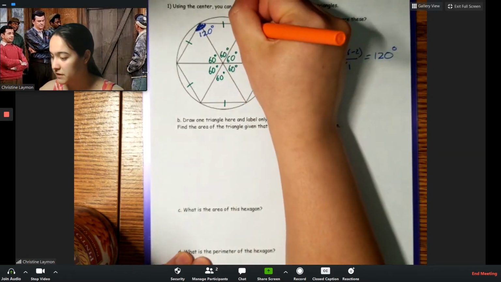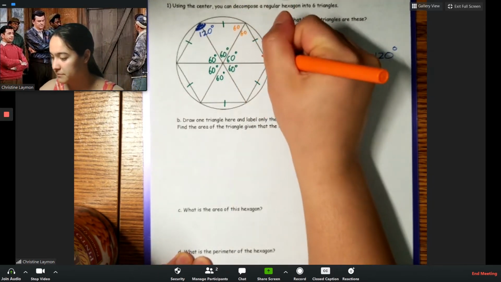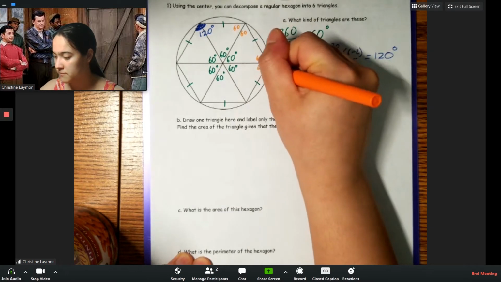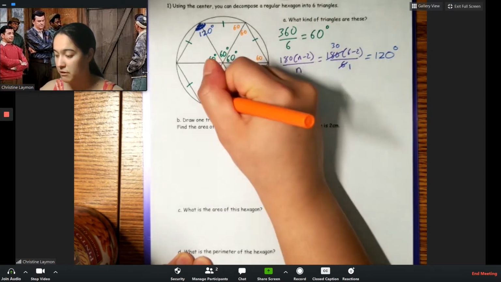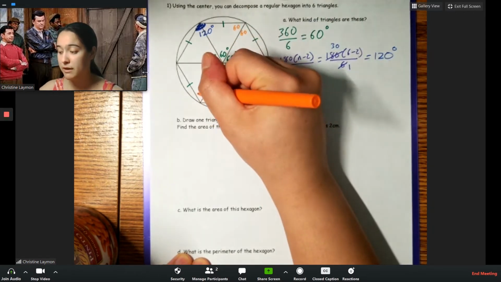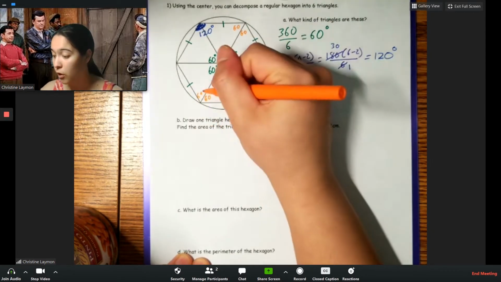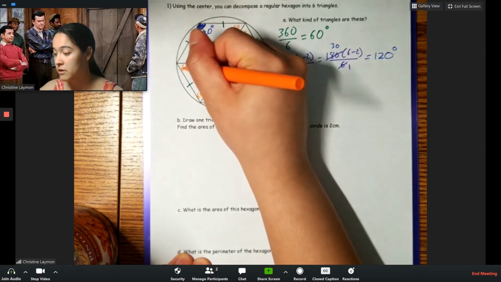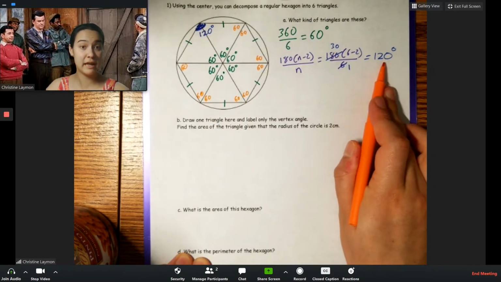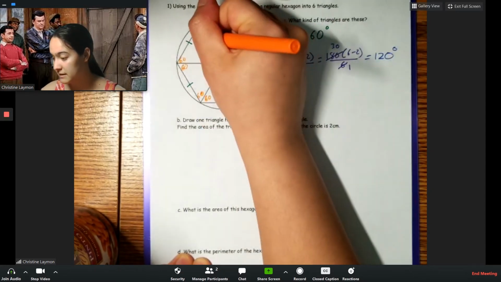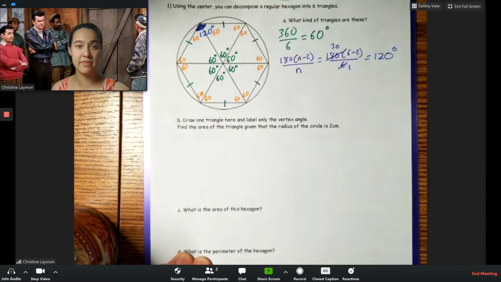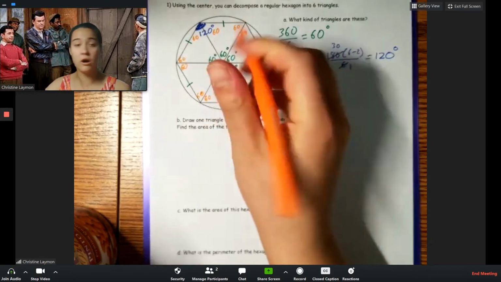So each of these up here is also 60. Each of these big angles is 120, and everything here has been cut in half. What I'm doing right now will work for all regular polygons: whatever the measure of one angle is, just divide it by 2. That's 60, 60, and 60, and yes, these are all in degrees.